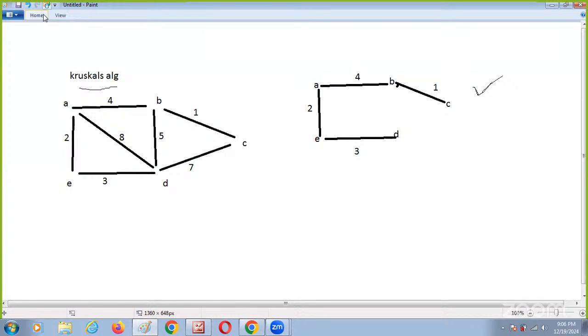We don't have any difficult problems in this, only very basic problems. So this is something about graph traversals as well as minimum cost spanning trees.